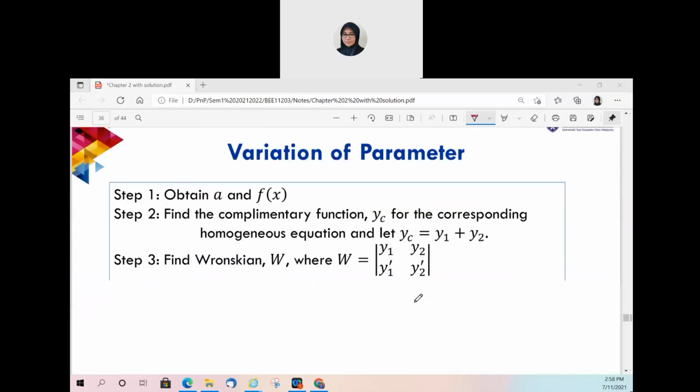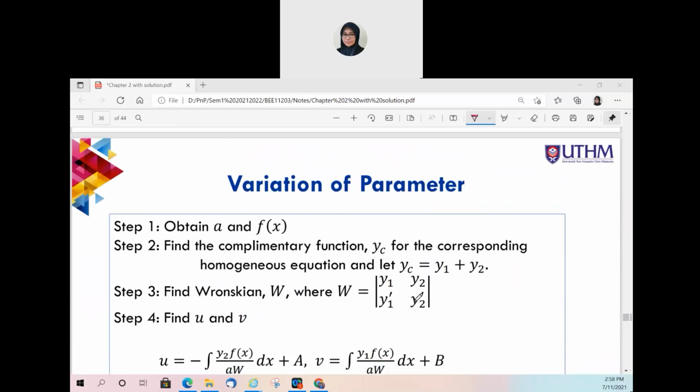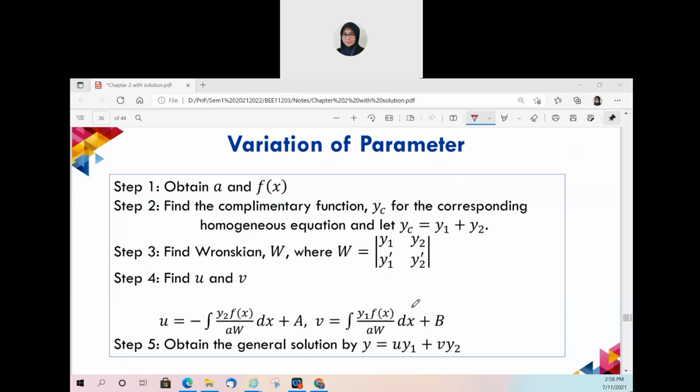Okay, so kalau tak ada, saya masuk the second method. The second method to solve the non-homogeneous equation. Okay. Second method is variation of parameter. So for variation of parameter, this is the steps. We have 5 steps to solve using variation of parameter.